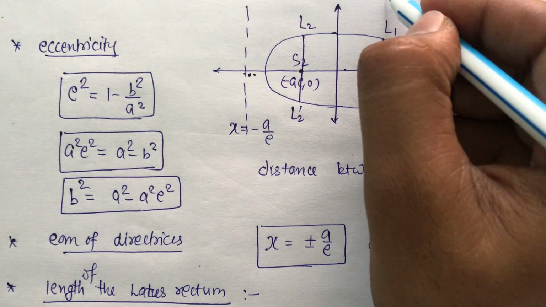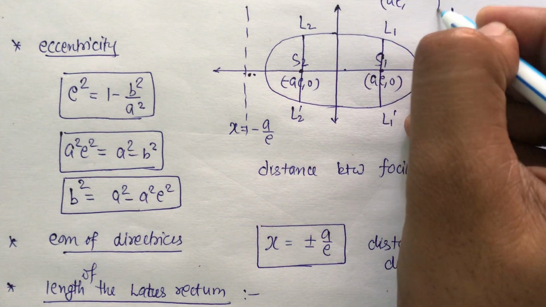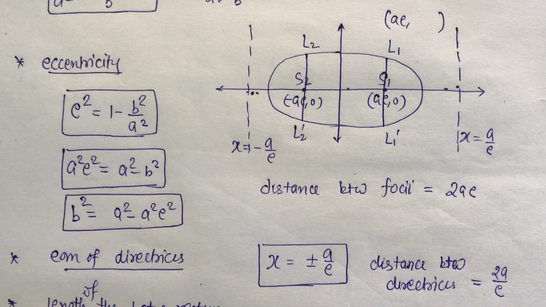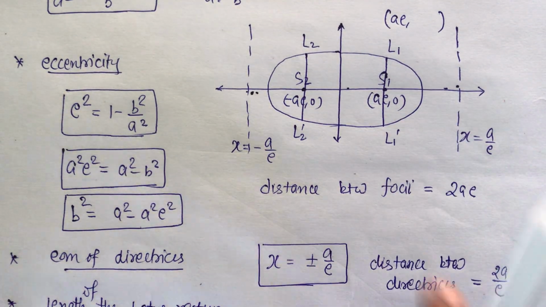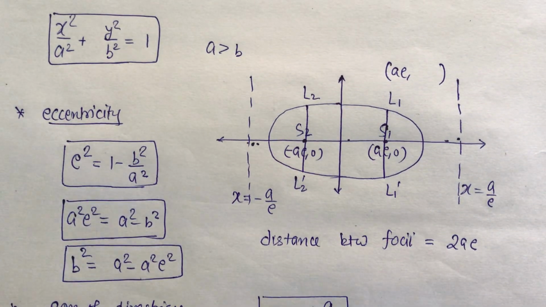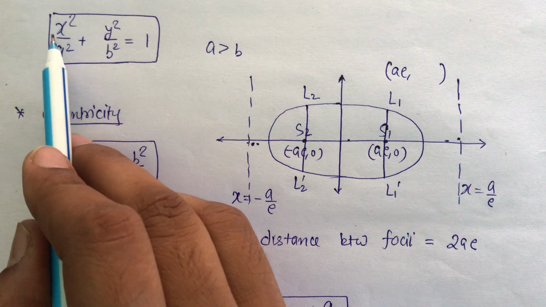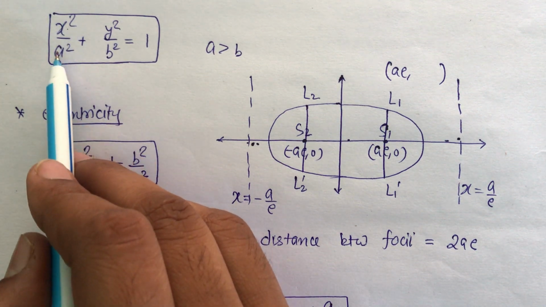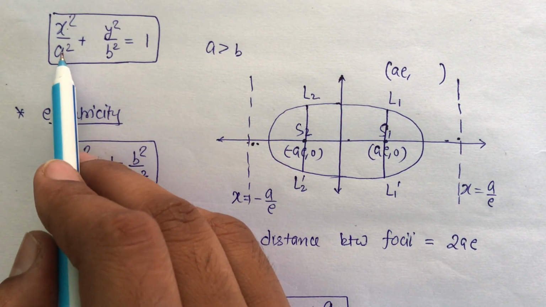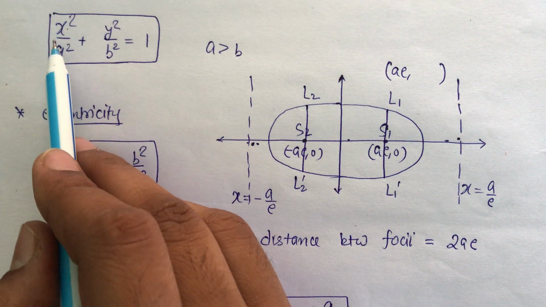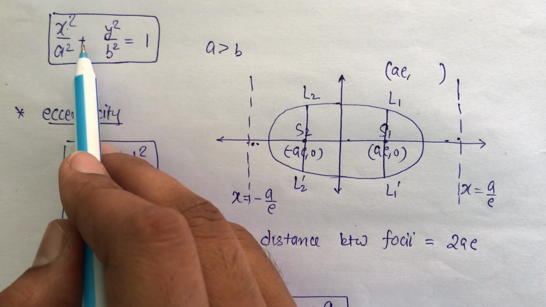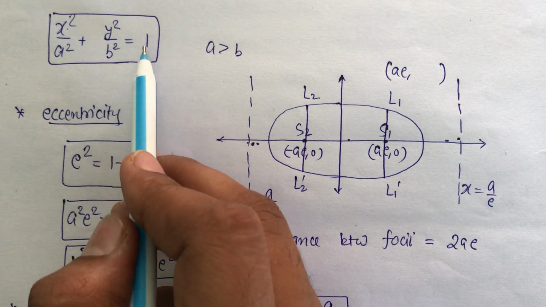So the coordinates of L1 can be (ae, something). How can I find the y coordinate of this? Just by simply putting x equals ae here. If I put ae here, it would be a square e square upon a square. A square cancels, so e square plus y square upon b square is equal to 1.